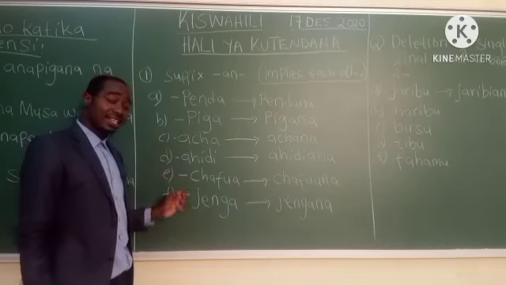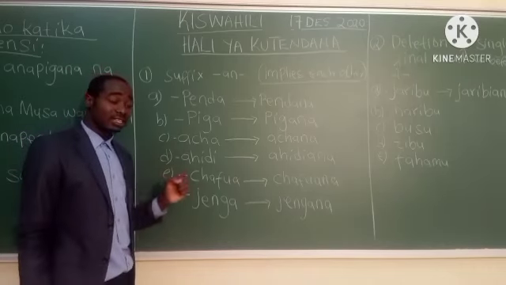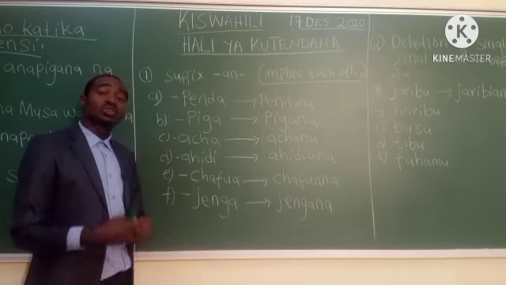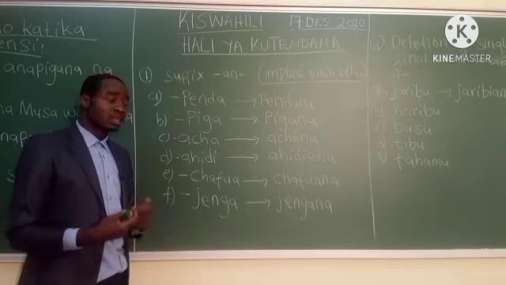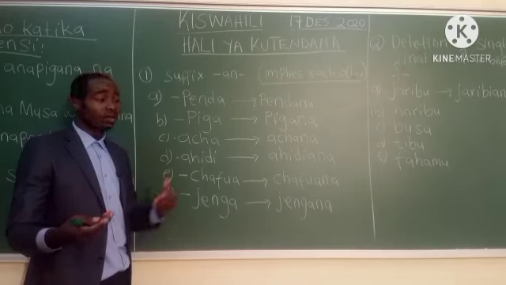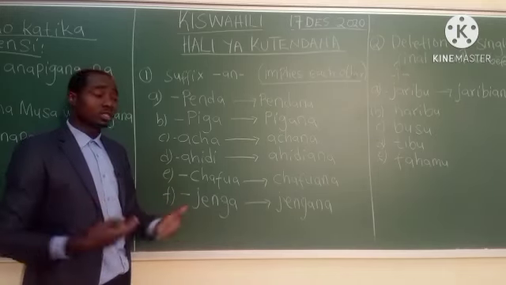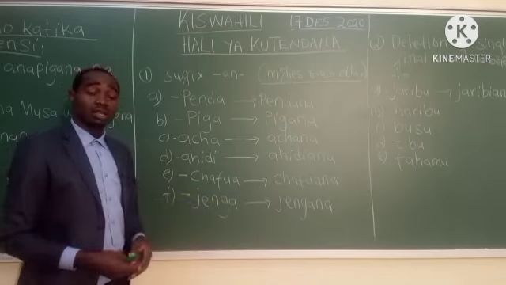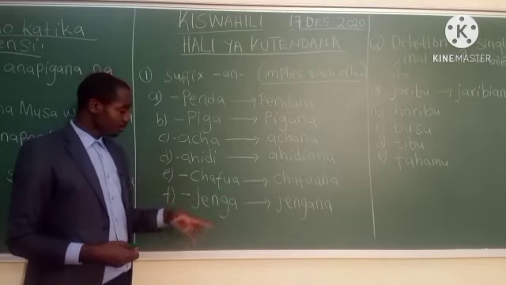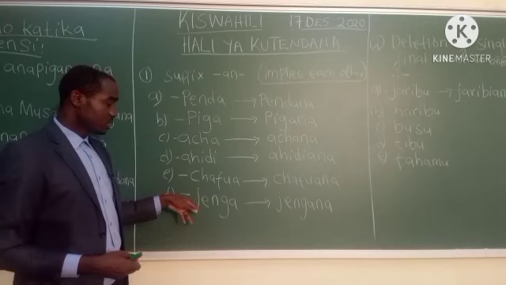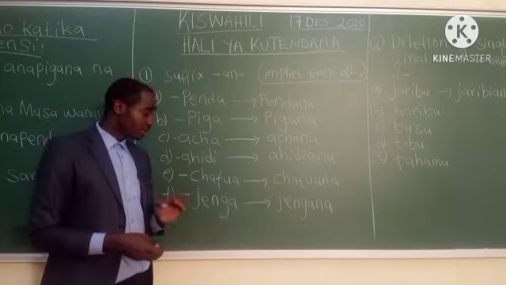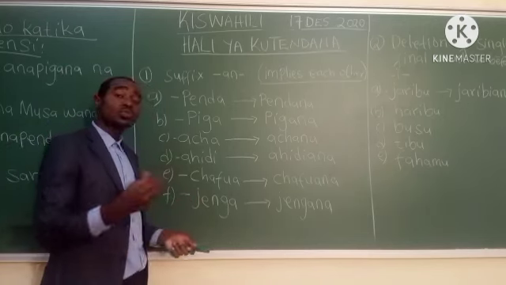Then we go to here, jenga. Jenga is to construct. In real sense, it means to construct a house, something, physical structures. Jengana, to construct each other. Now here, as I have said, in a real sense, it means to construct.